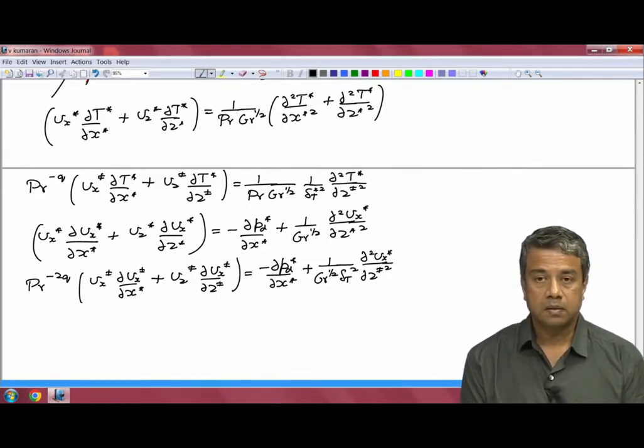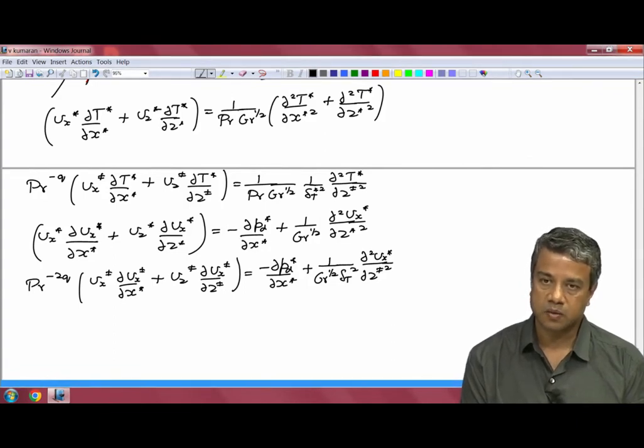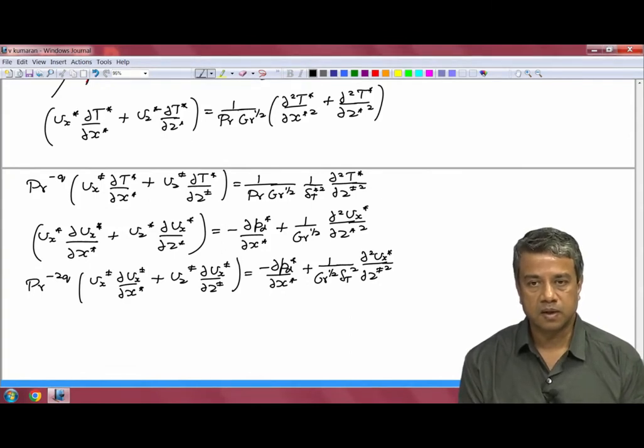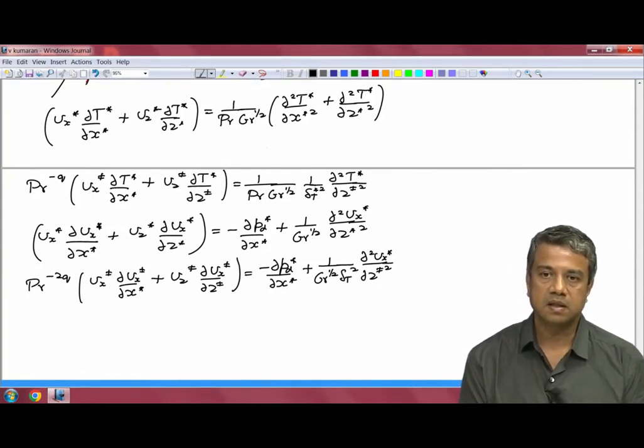Note that the momentum boundary layer thickness is much larger than the thermal boundary layer thickness. So, over a distance comparable to the thermal boundary layer thickness, you would expect momentum diffusion to be much larger than momentum convection. Over a distance comparable to the momentum boundary layer thickness, there is a balance between momentum convection and momentum diffusion.